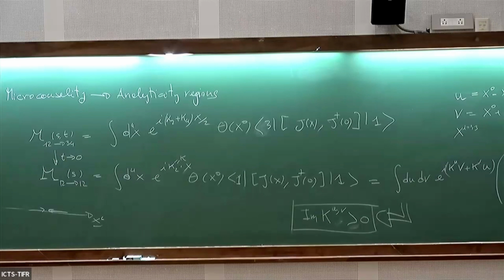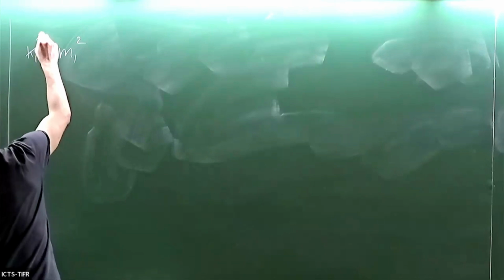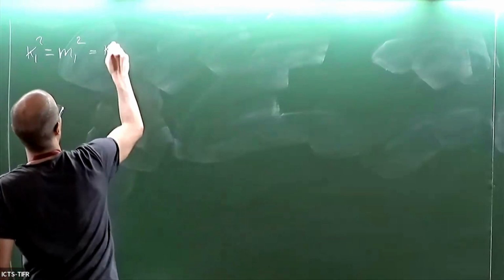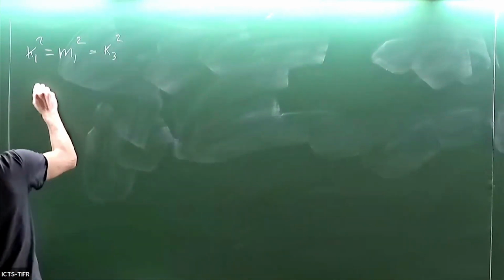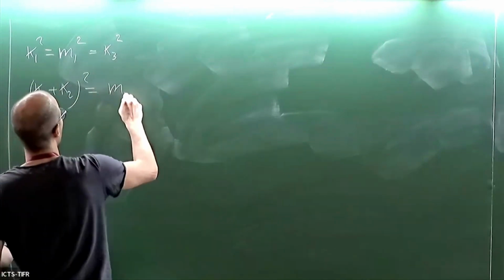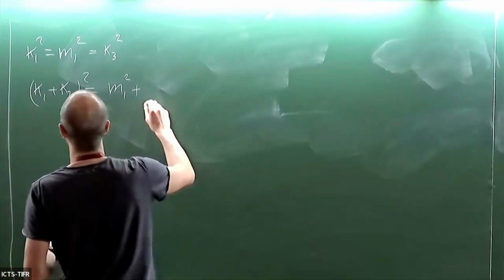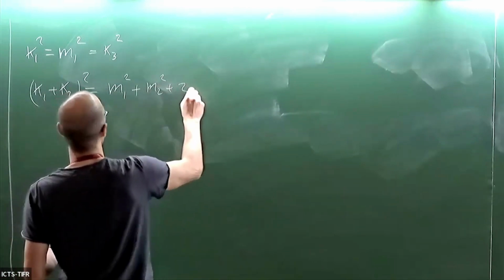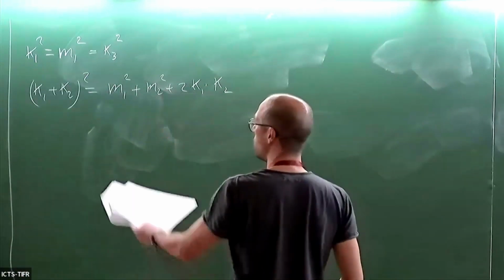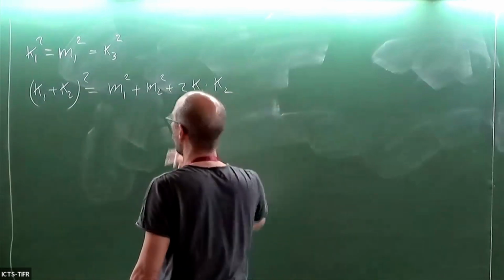If you want to express this in terms of the Mandelstam variable, let's do an example. Let's take particle 1 massive, and particle 3 I'm taking to be the same. You look at what s is. It's going to give you M1 squared plus M2 squared plus 2 K1·K2. These are Lorentz invariants, so let's go to a frame where K1 is at rest.